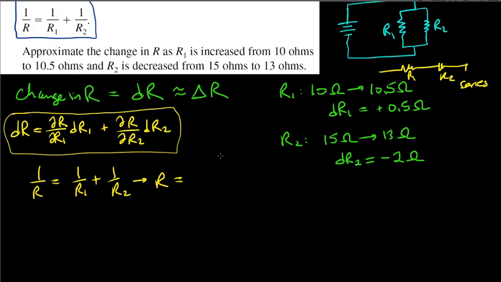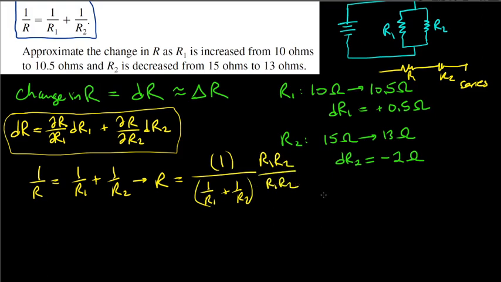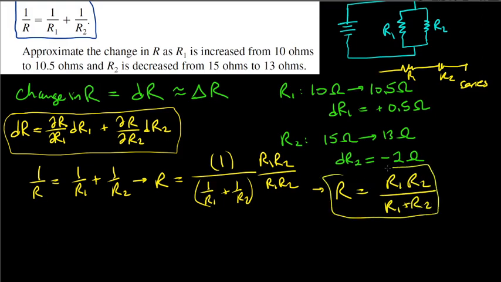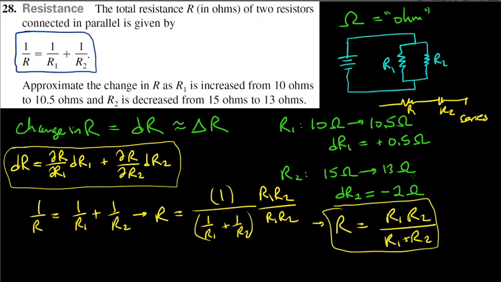So 1 over R is really 1 over R1 plus 1 over R2. You can simplify that by multiplying by the product R1 times R2. So R is just R1 times R2 divided by R1 plus R2. It would have been nice if they gave that to us, but it's just a little bit of algebra, not a big deal.